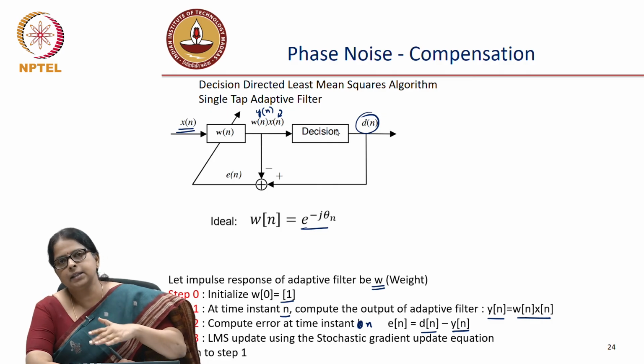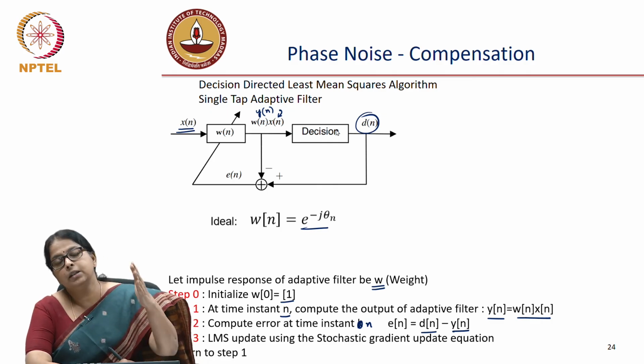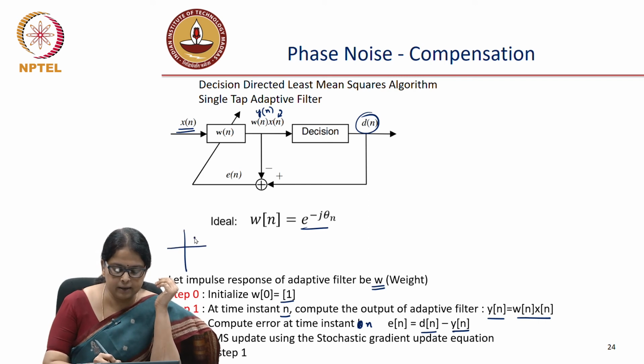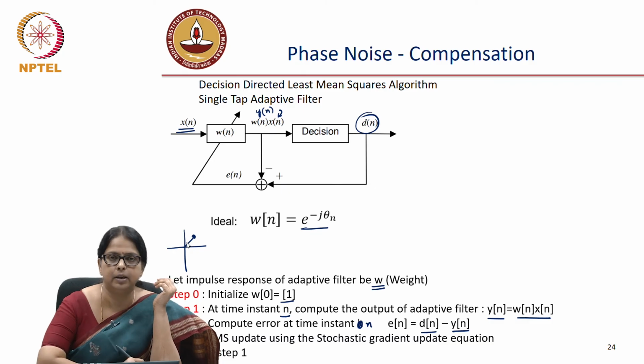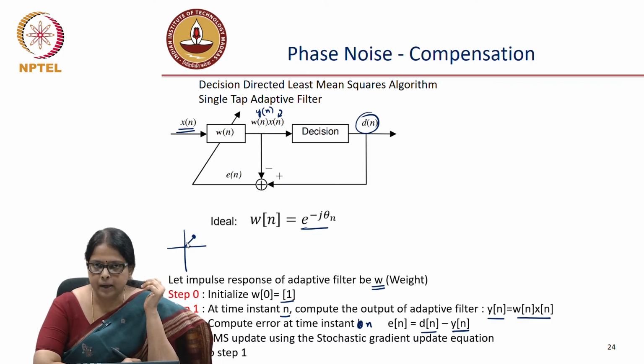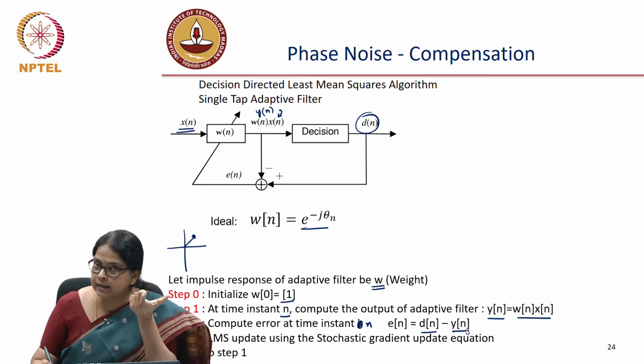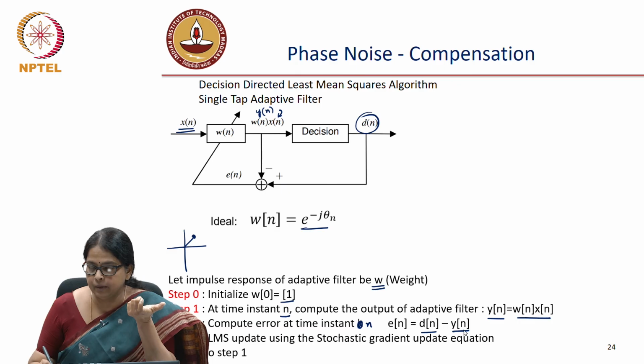So, this error is calculated with respect to the bits that I transmitted. For instance, I could say that the first symbol that I transmitted is actually 1 1, then my e of n is actually 1 1 minus whatever I received during that instant of time, if I know what the transmitted bit is.